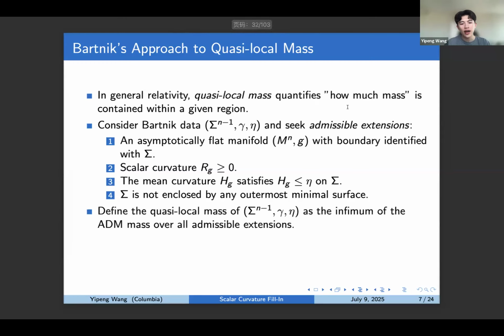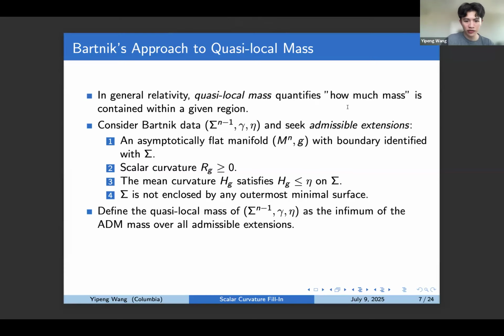Then you define the quasi-local mass of this region as the infimum of the ADM mass over all these admissible extensions. So you consider every possible extension, evaluate the mass at infinity, and then take the infimum of that.